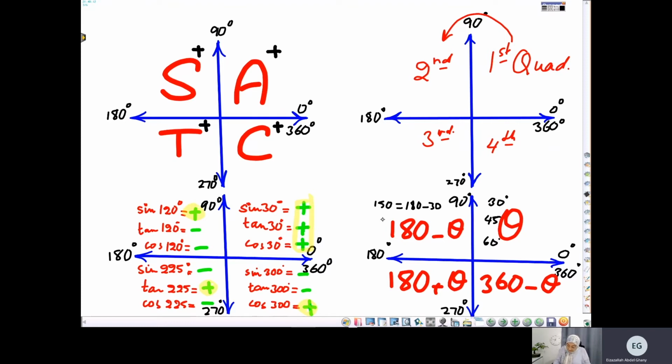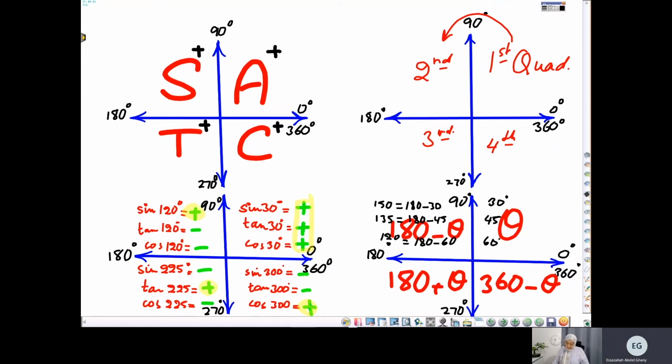If the angle is 135, you have to rename it 180 minus 45. 180 minus an acute. If this angle is 120 degrees, you rename it 180 minus 60. Why? Because it should be related to an acute angle.